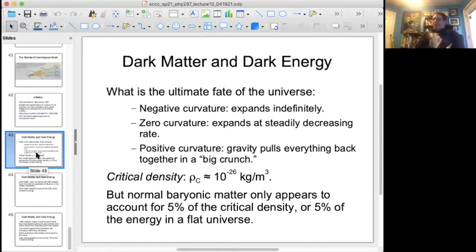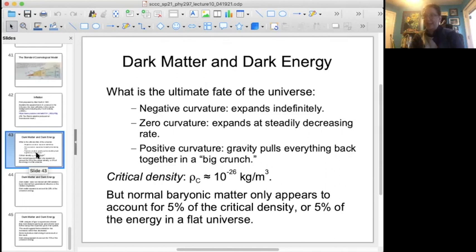And that brings us to the ultimate fate of the universe. Inflation suggests that the universe's curvature is close to zero, but as far as whether it's exactly zero or a little bit positive or a little bit negative, that's still unknown. And which brings us to what the ultimate fate of the universe is.